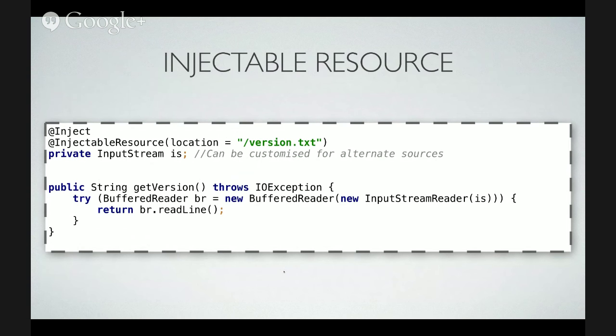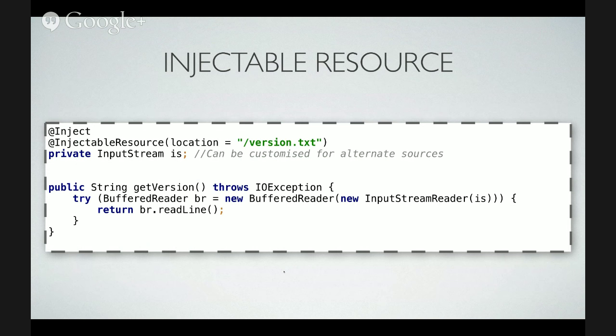Next feature is about injectable resources. You have the possibility to inject a resource, mainly a text file or a binary file, as an input stream. But you can create your own resource if you want, I don't know, to read things from a NoSQL database.